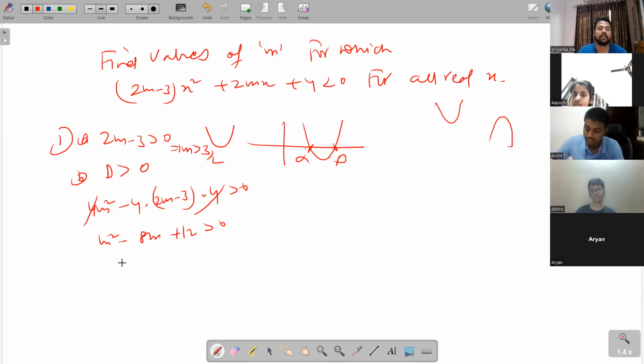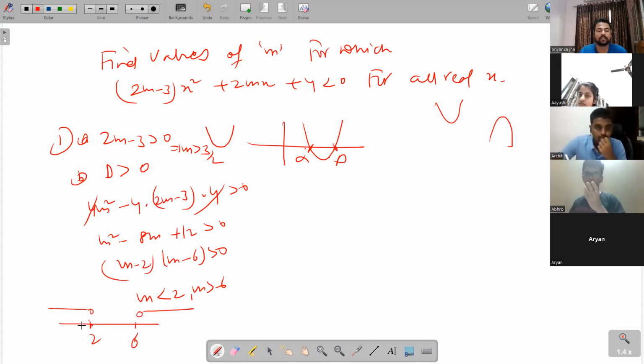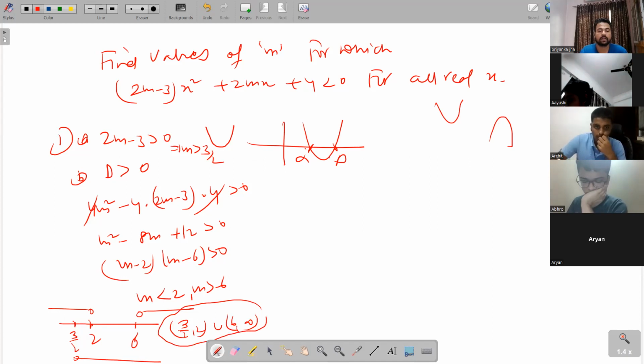From here, you can factorize this: (m minus 2) into (m minus 6). So m will be either less than 2 or greater than 6. So we can find the common part, right? Less than 2 or more than 6, and m more than 3 by 2. So the common would be 3 by 2 to 2, and then 6 to infinity. For this first condition. Understood?